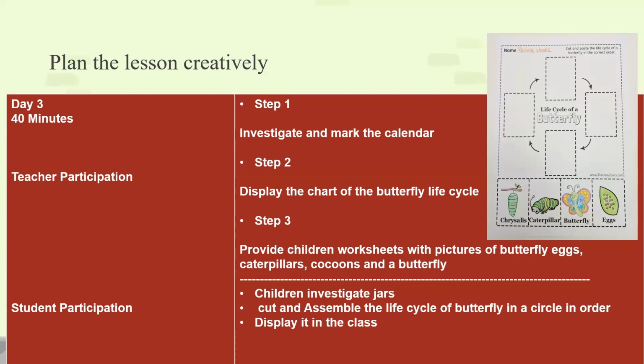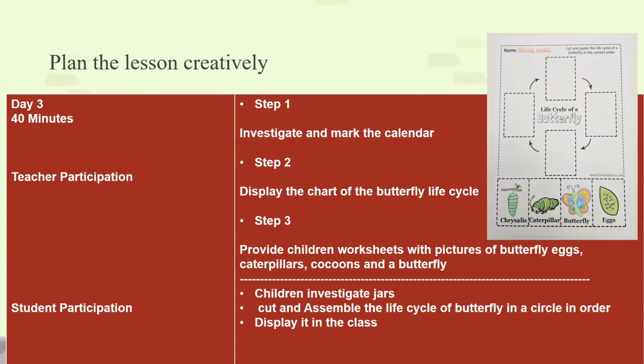So children will investigate the jars. They will cut these small pictures here and assemble the life cycle of a butterfly in a circle in the order, and that will be displayed in the classroom.